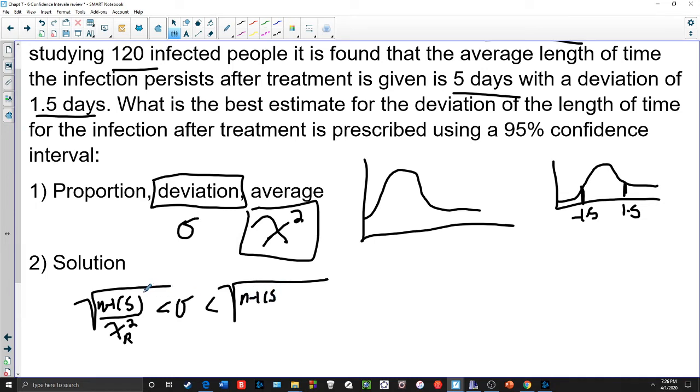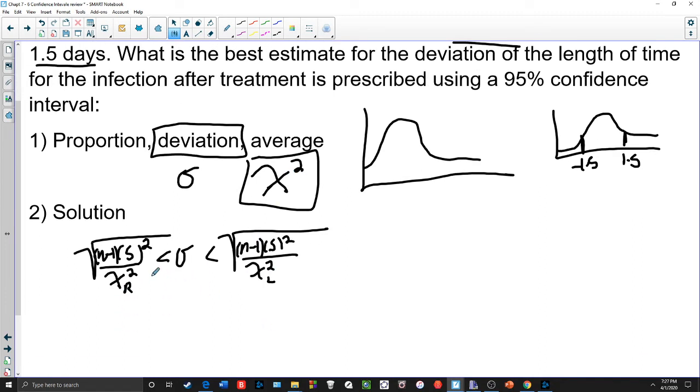Sorry, there's a square there too. S squared. Put those in parentheses too, just to be nice about it. So n minus 1 times s squared over chi-squared L. So you actually have two different values you're going to look up in your chi-squared table. And yes, there is a table that goes with this. One for the right and one for the left.